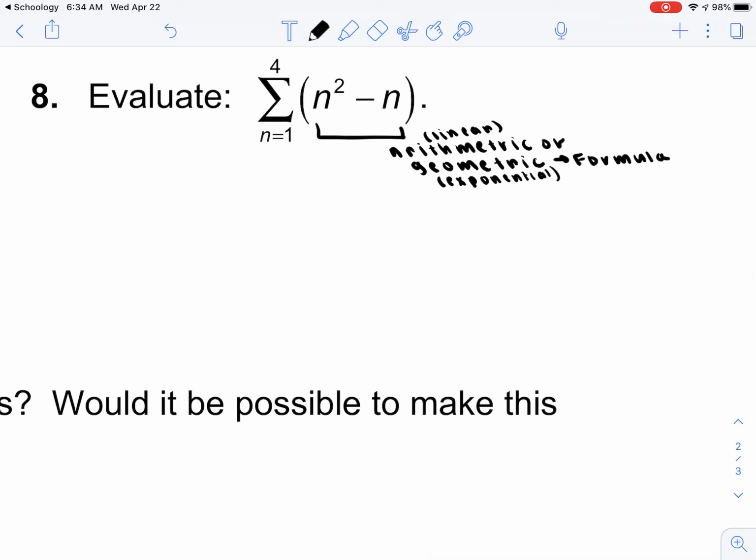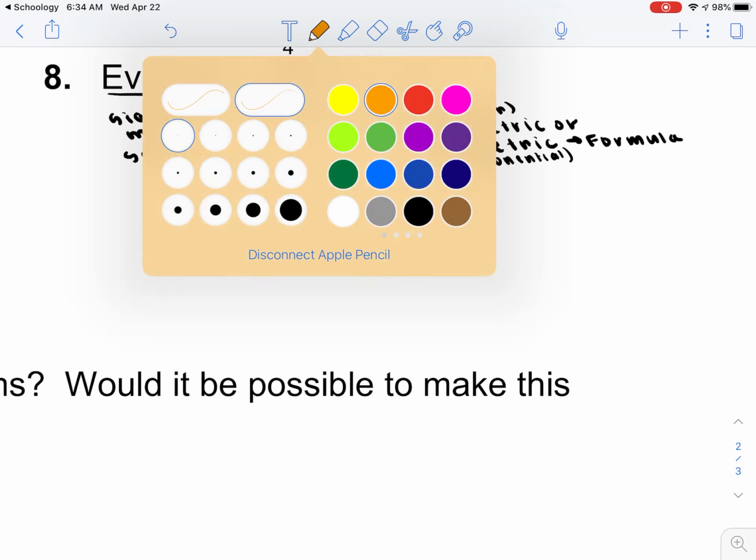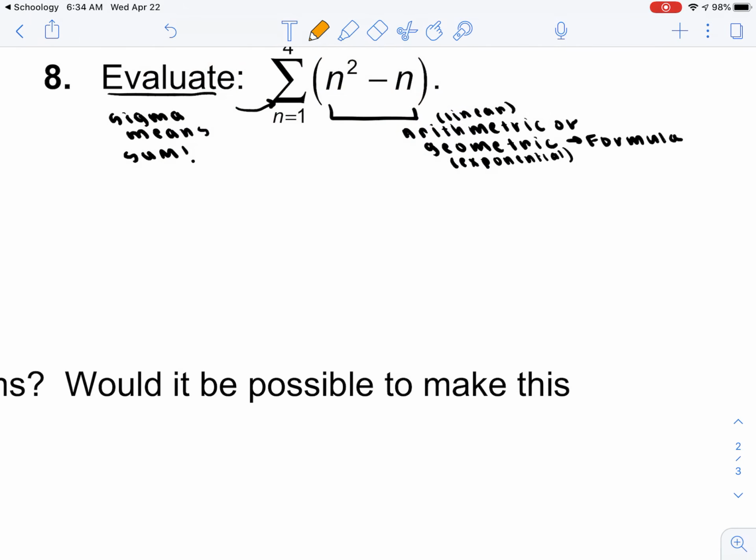Now, to do this by hand, remember that even though it says evaluate, when you see a sigma, sigma means sum. Which means that we're going to start by subbing in a 1, because that is our bottom number. So this is the first number you sub in.